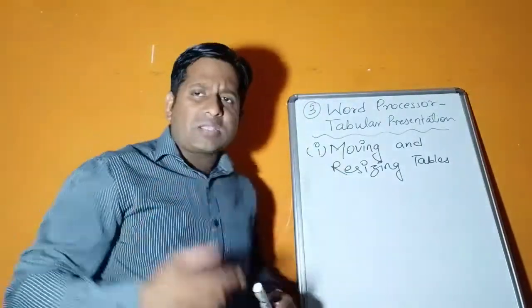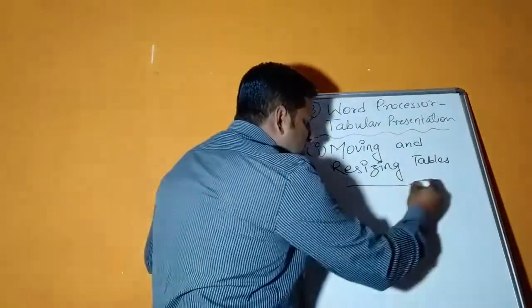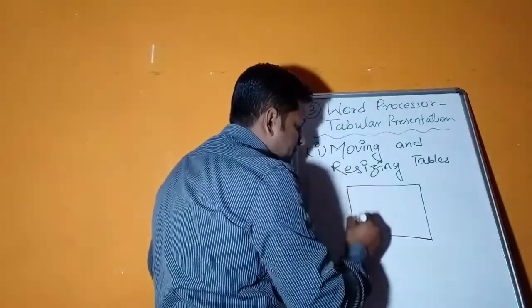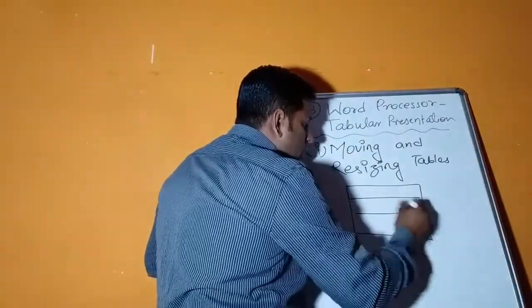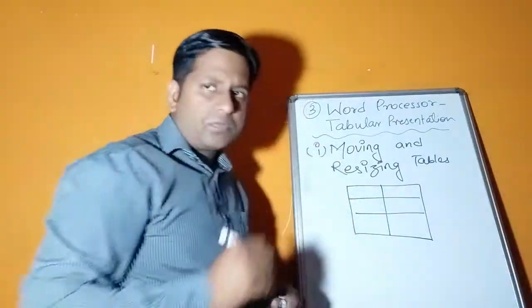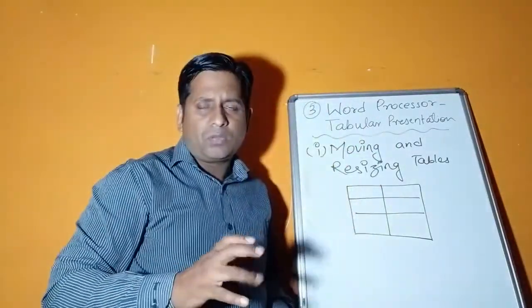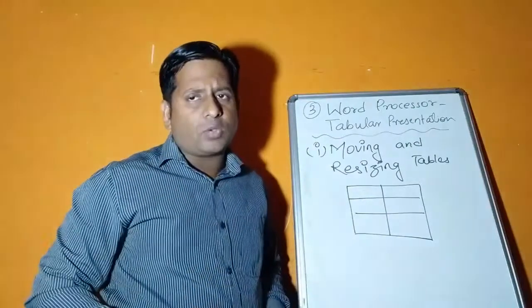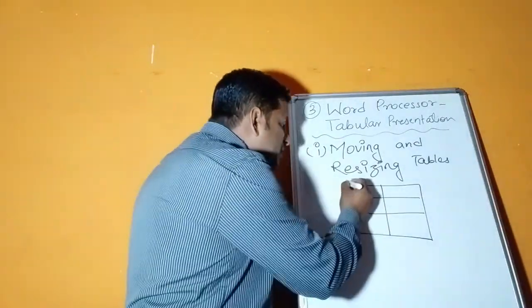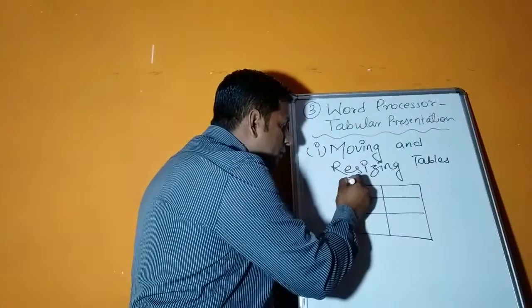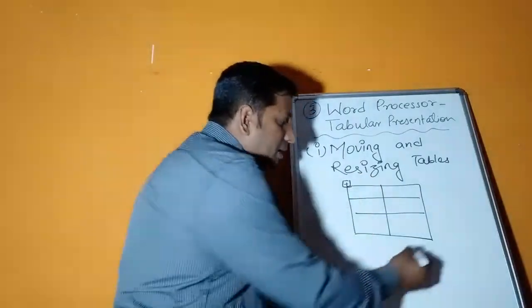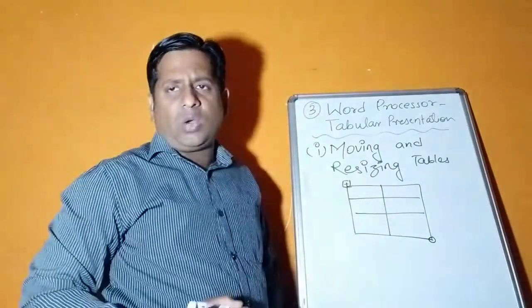Let us take one example. Say suppose this is a table with 3 rows and 2 columns. When you select the table, means when you click on the table, a single click with the mouse, you'll find a plus sign will appear somewhere here, and a circle will appear somewhere here at the bottom.